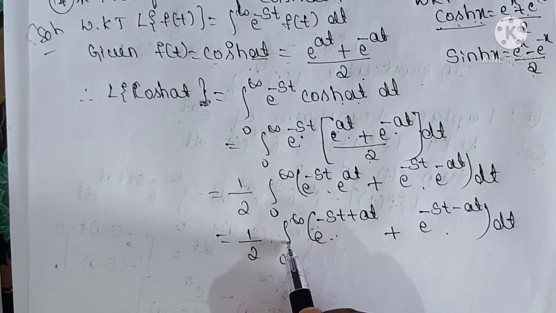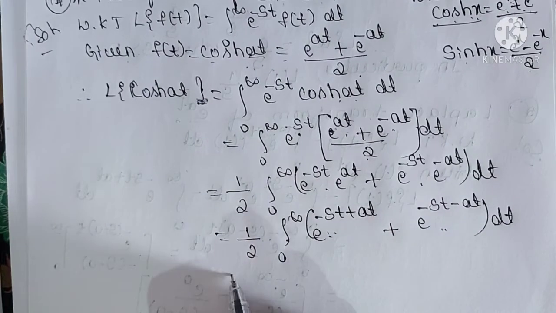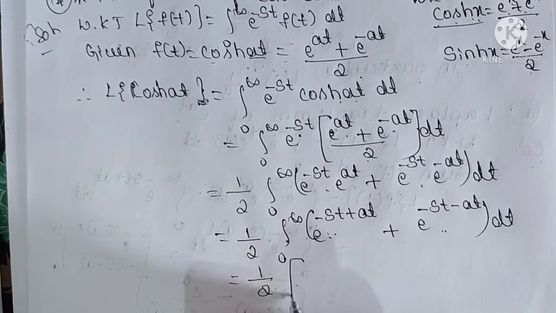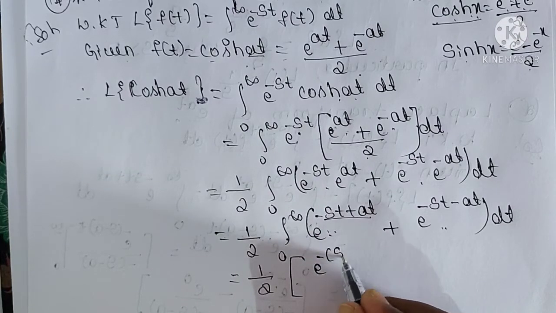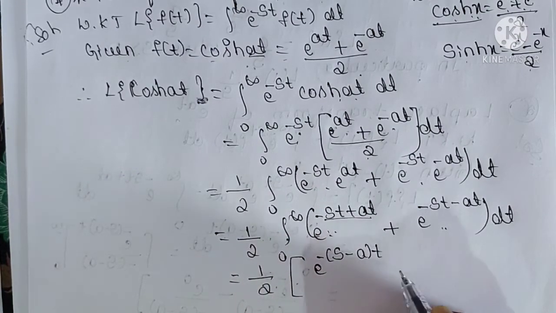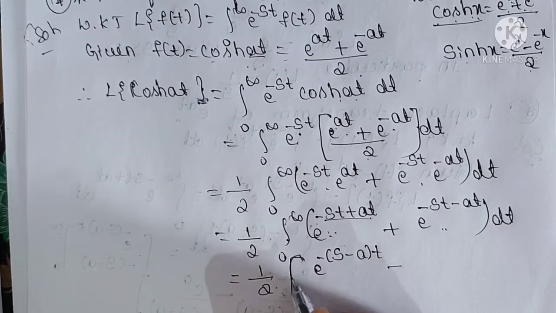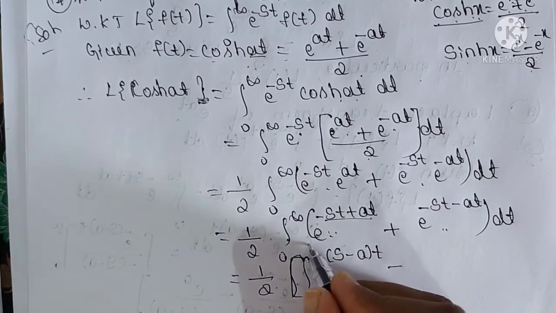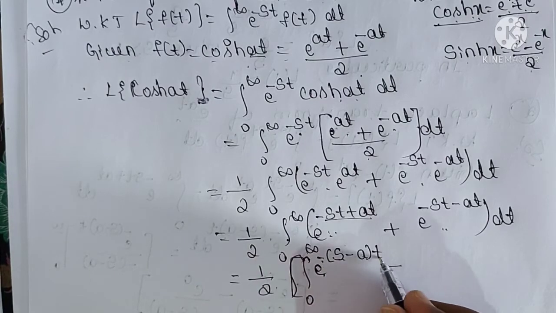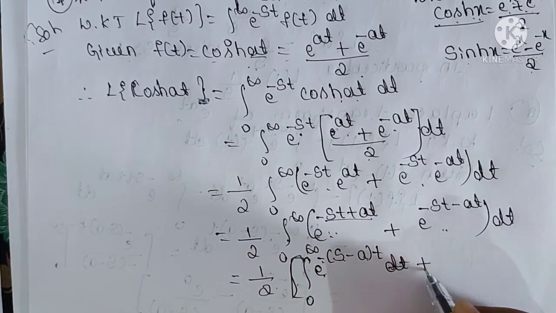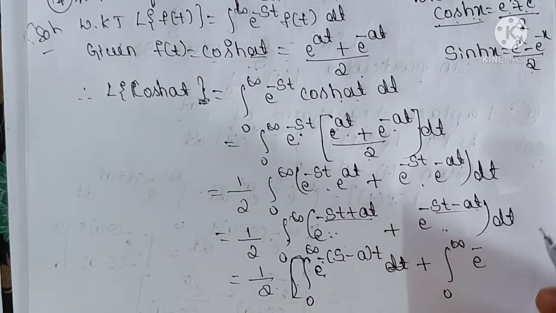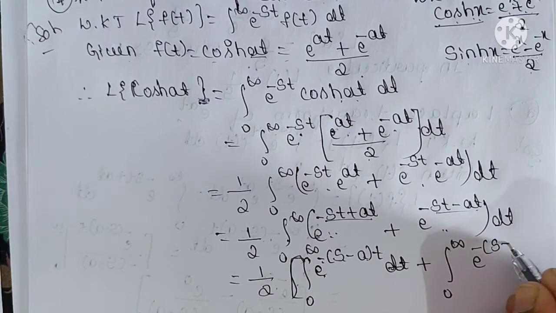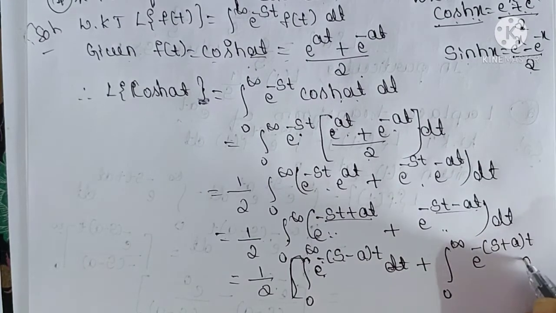Now apply integration to these two functions, we will get 1 by 2 times the integral from 0 to infinity of e power minus (s minus a) t dt, taking minus t as a common factor, remaining s minus a into t, plus the integral from 0 to infinity of e to the power of minus (s plus a) t dt, taking minus t common, remaining s plus a.